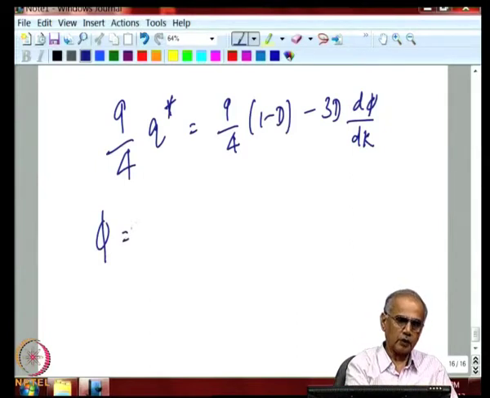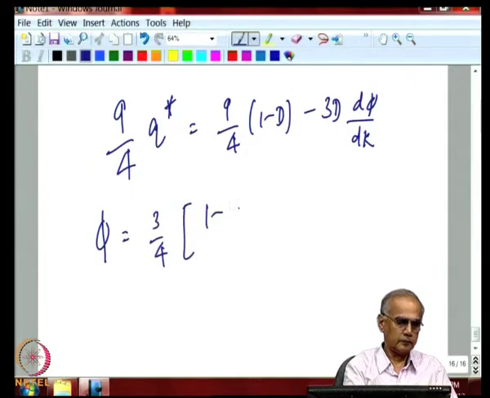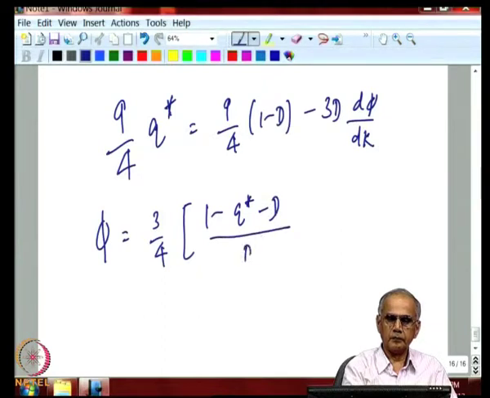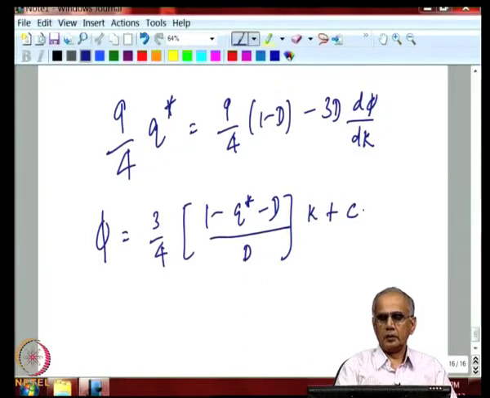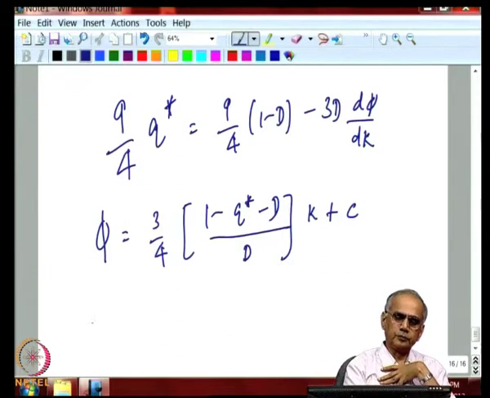So, the general solution now comes out as, the general expression for phi is this one, and you need two unknowns.